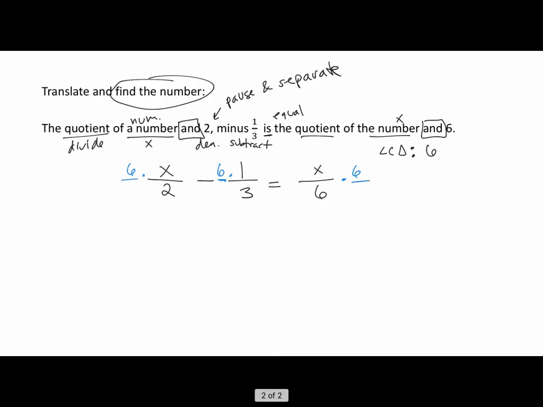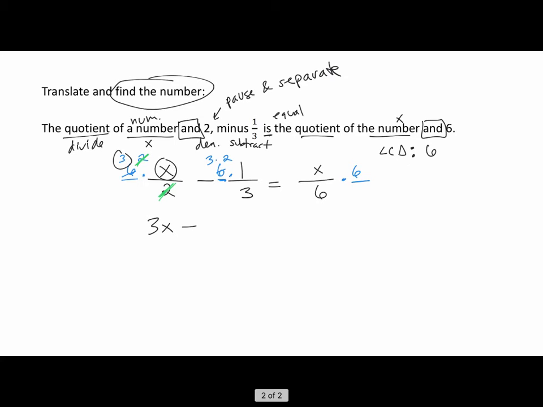So multiply 6. And that's going to divide with the denominators. Maybe not completely, because 6 is 3 times 2. So then for the first term, that's only going to cancel a factor of 2. And that's going to leave 3 times x, which is 3x.